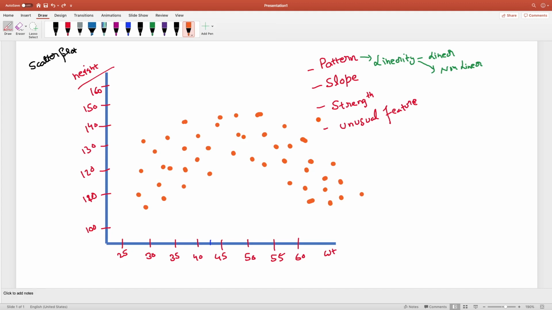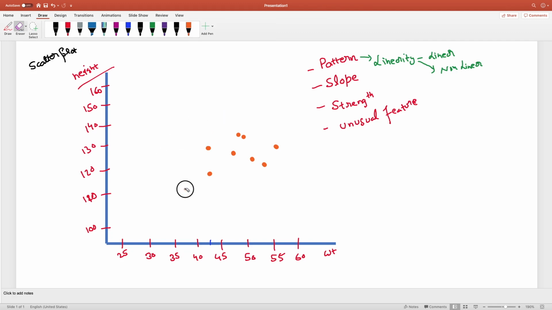Now in linear relationship, there are multiple patterns which you can find out. And what are those patterns? I'm going to talk about that. So first thing first, patterns are not always such that they keep on increasing.